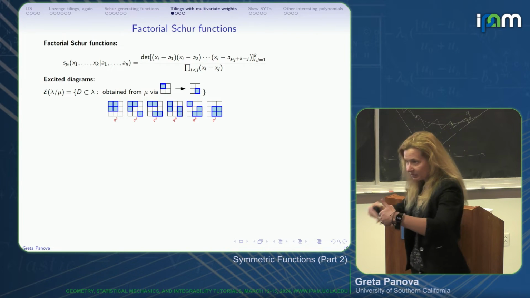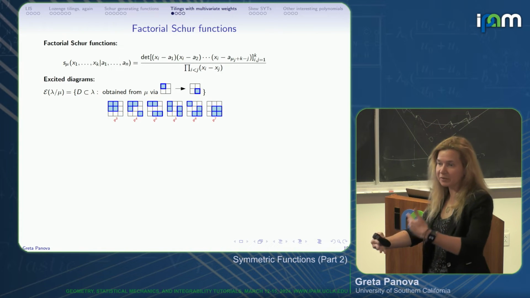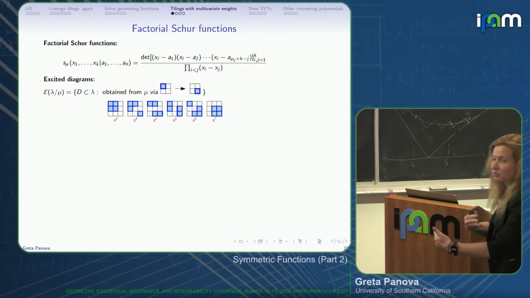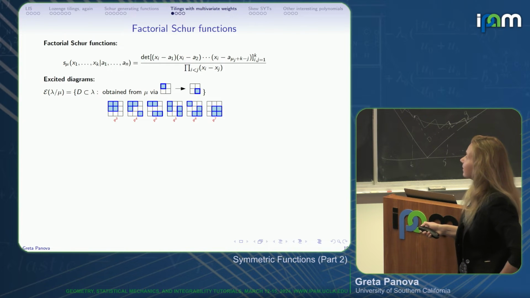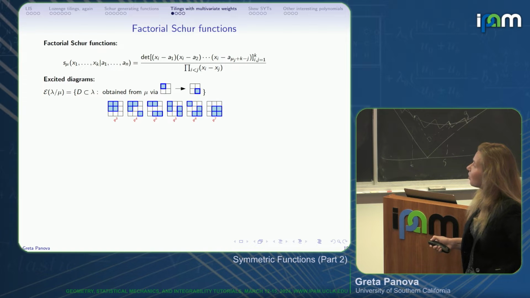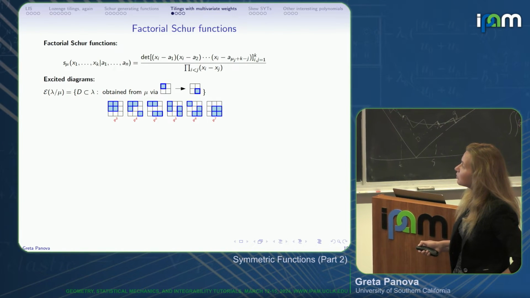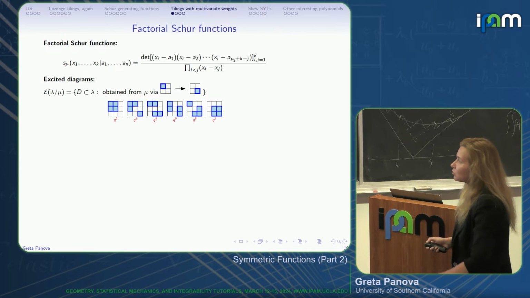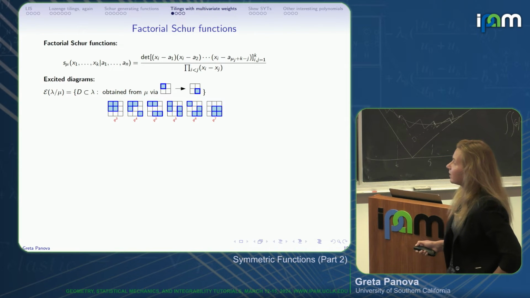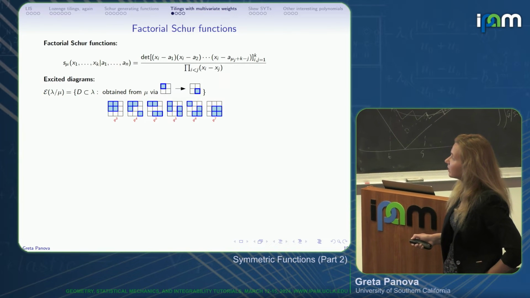So literally think of it as sliding these blue boxes along the diagonals. They're physical objects. They should not overpass each other. So this is an excited move. And we're going to form all possible diagrams obtained from doing some of these moves. We choose what boxes to move and so on. There is no restriction other than the motion part.